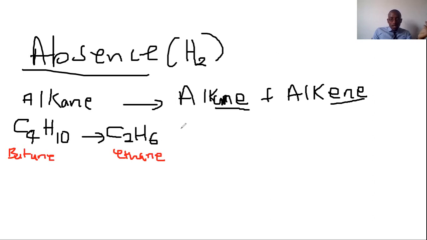What alkene compound is going to be produced? This will be CxHy. The same principle, we'll just look at the number of atoms if they are balanced.